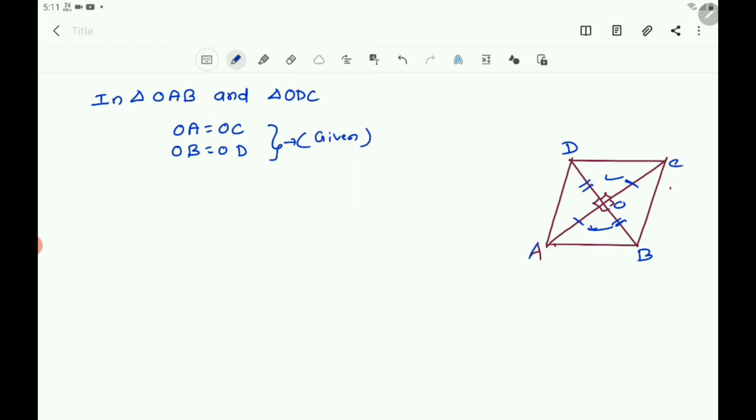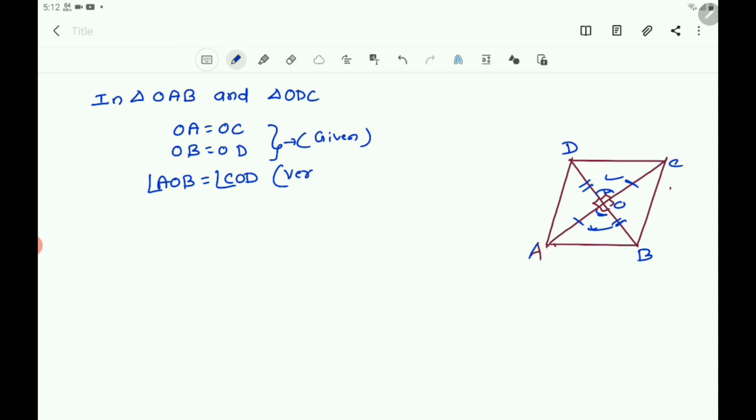Next, there is an angle made by them, angle AOB. Angle AOB is equal to angle COD. Why are they equal? Because these 2 angles are vertically opposite angles. The lines AC and BD intersect at O, and vertically opposite angles are always equal.